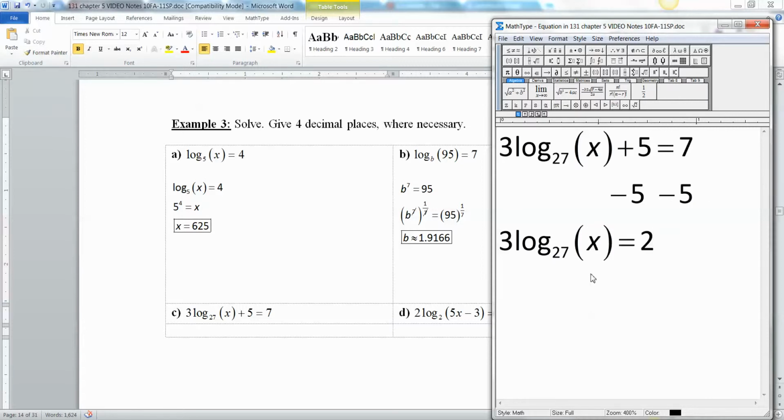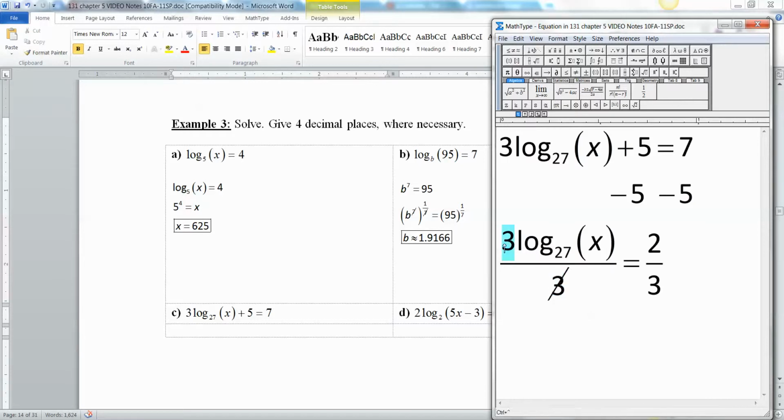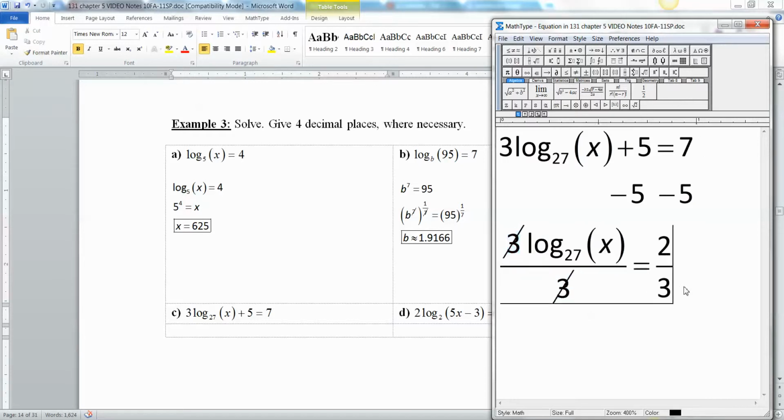All right, then we're going to divide both sides by 3 because we want to get the plain logarithm. We don't want that 3 in there. So I'm going to divide both sides by 3. That will cause this to drop away because 3 divided by 3 is 1. And it leaves you the log base 27 of x is equal to 2/3.